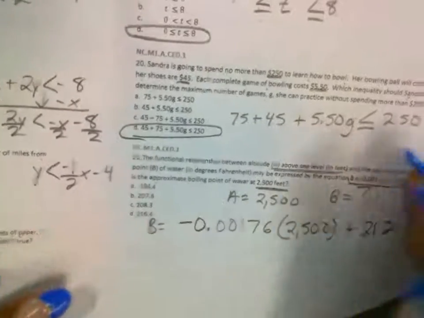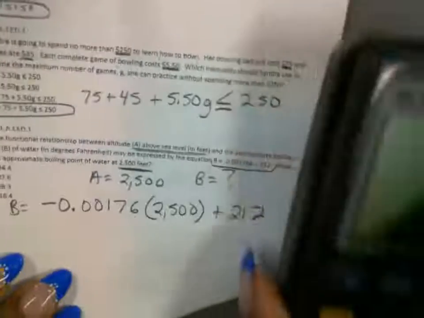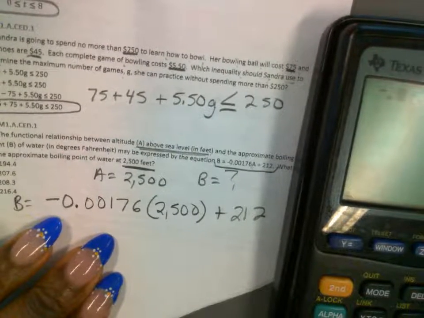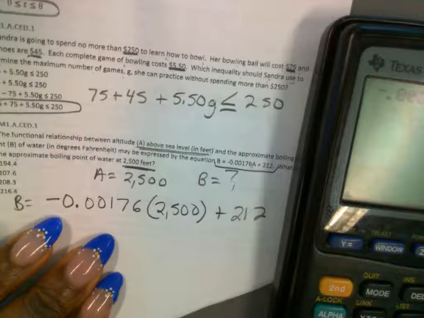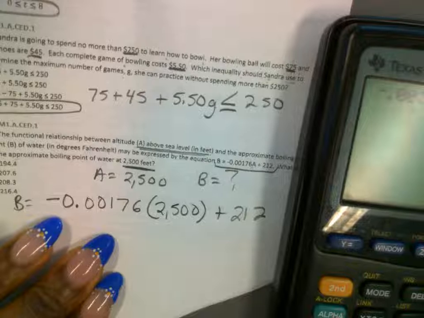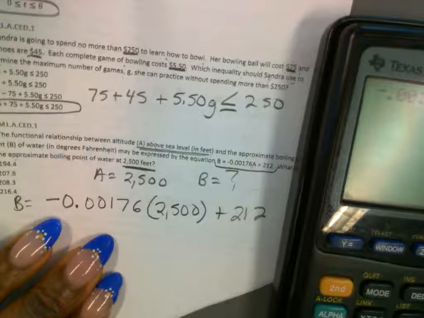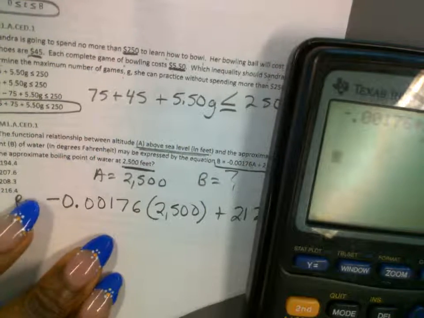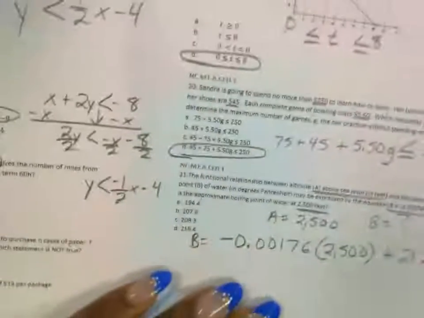Okay? So let's do that. So we've got negative 0.00176 times 2,500 plus the 212. Okay? And that's 207.6. So that's B, 207.6.